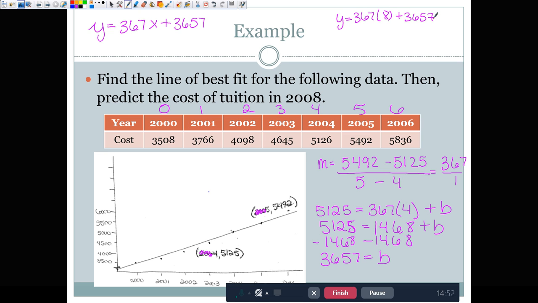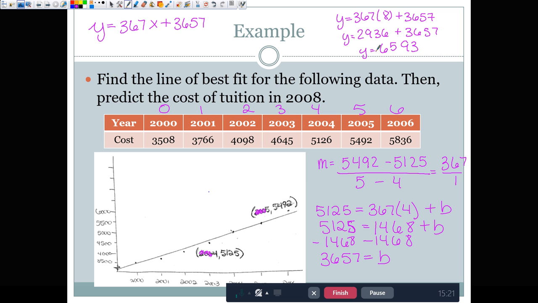So 8 times this would be 2,936 plus 3,657, and that'd be 6,593. That would just be a prediction. It wouldn't be an actual number because we wouldn't know for sure. But that would be a prediction. And you guys will see on the next slide. It's not on yours. It's on mine. I need an additional slide.